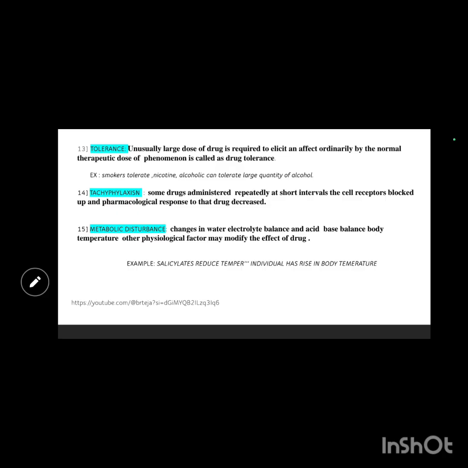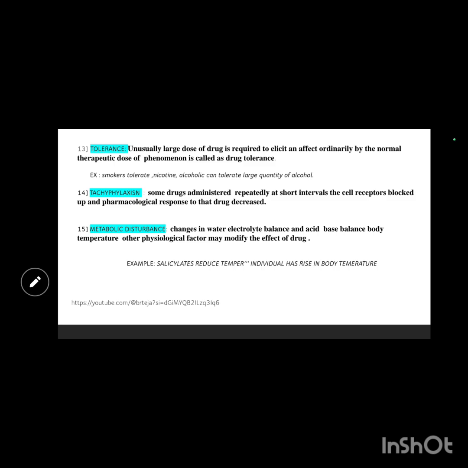Body temperature and other functional factors modify the effect of a drug. For example, salicylates reduce body temperature only in a case where the individual has a rise in body temperature. Salicylates have no antipyretic effect if the body temperature is normal.